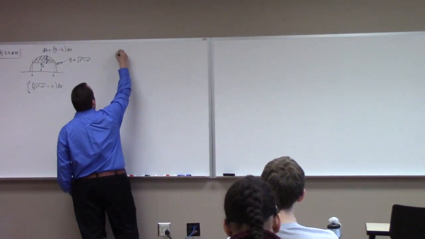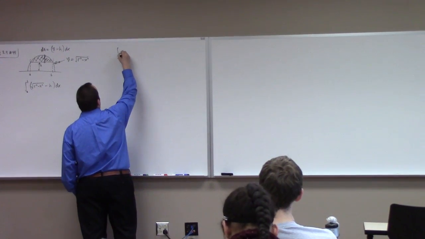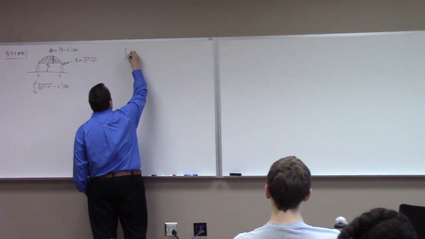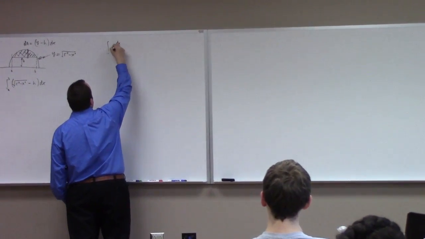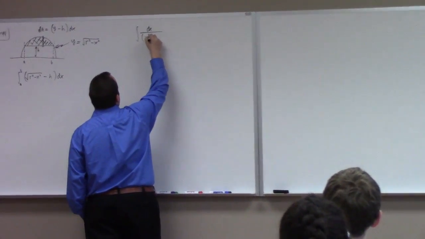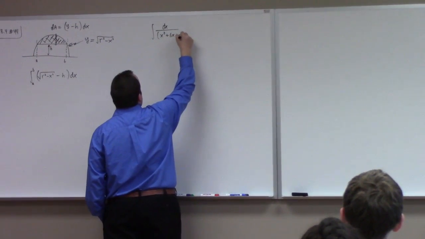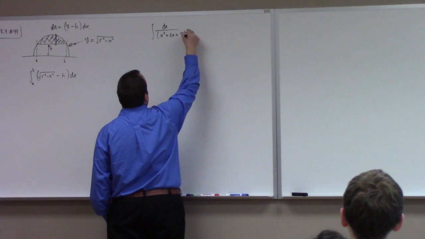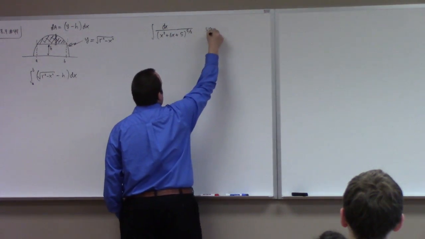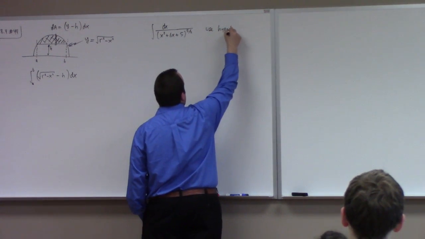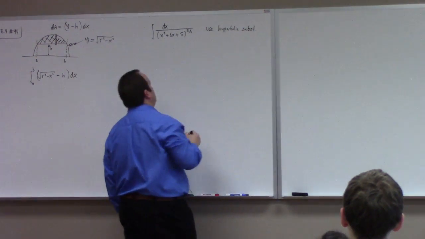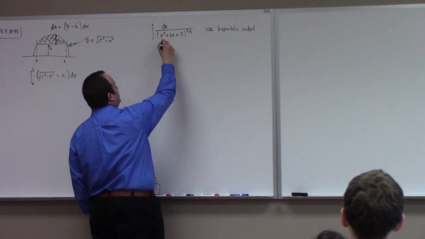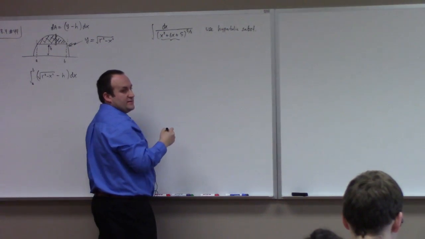Can you just tell me the integral? Okay. And you're supposed to use a hyperbolic substitution, right? Okay. I guess my first move would be to figure out what kind of quadratic this is, right?